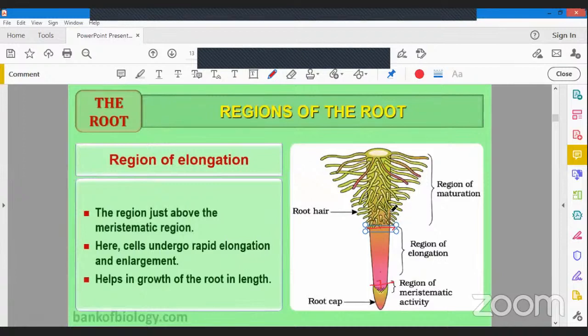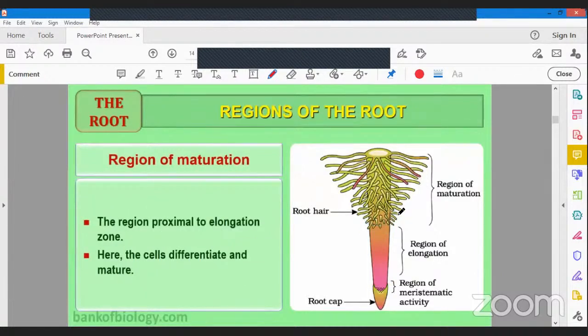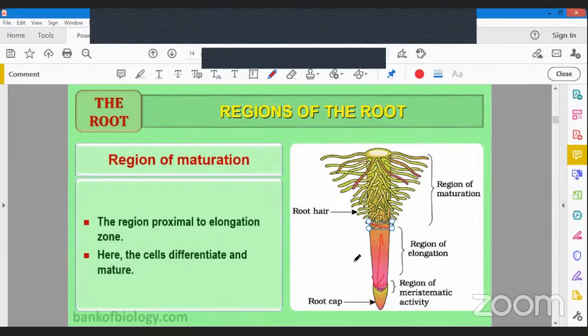Done. So let's go to the next part, region of maturation. The cells have grown in the region of elongation and become longer. The next region is proximal, and proximal means near the plant. Here in the region of maturation the cells will differentiate and mature.